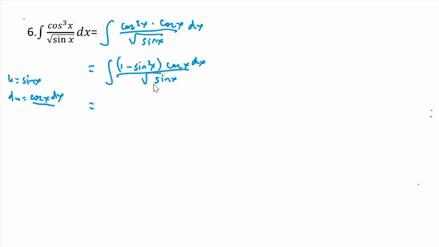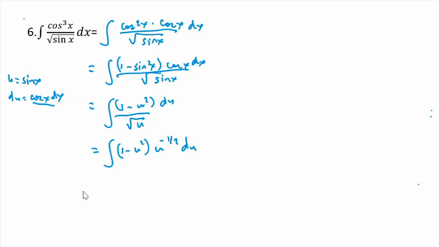Since du is visible in the given, we can write now the integral of 1 minus u squared times, the meaning of cosine x dx is du, all over the square root of u. Or this can be rewritten as the integral of 1 minus u squared times u to the power of negative 1 half du.